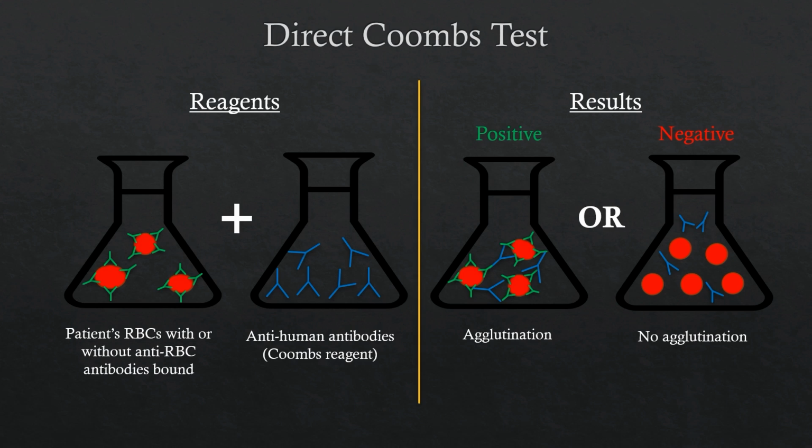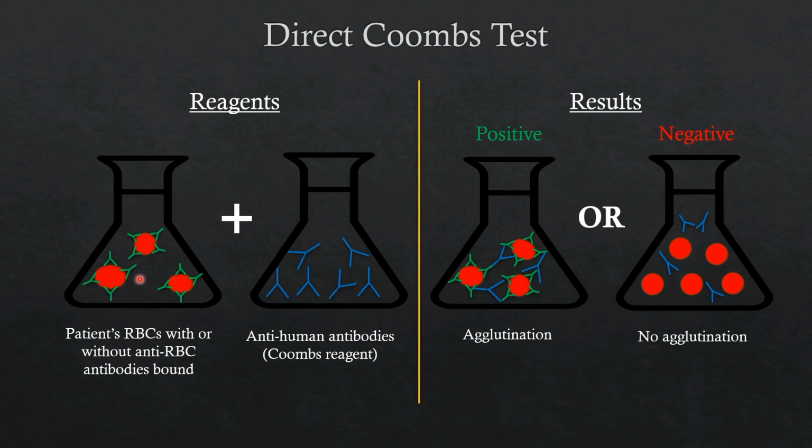So let's visualize this. I think it really helps to visualize these kinds of tests. In a direct Coombs test, remember what we said, you're using your patient's own red blood cells. So you've got your red blood cells, and your whole test is to determine, do they have these autoantibodies attached to them causing hemolysis? You have your red blood cells, and they may have them, they may not have the autoantibodies, right?